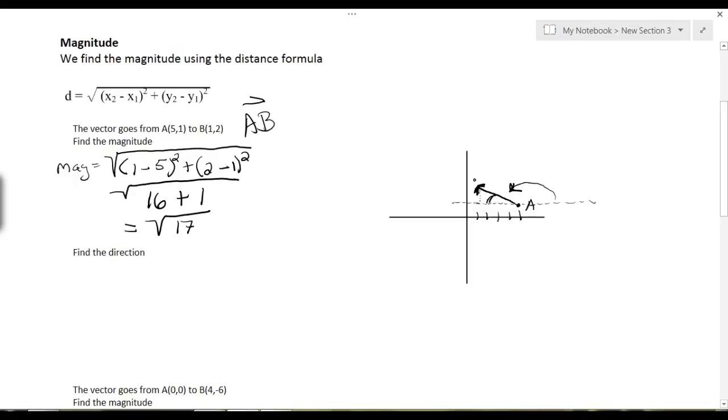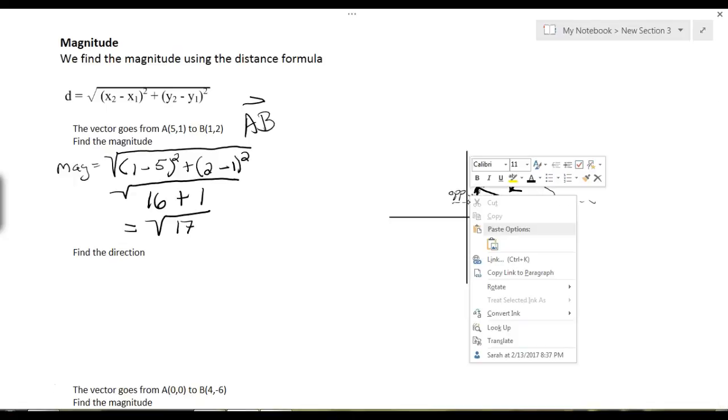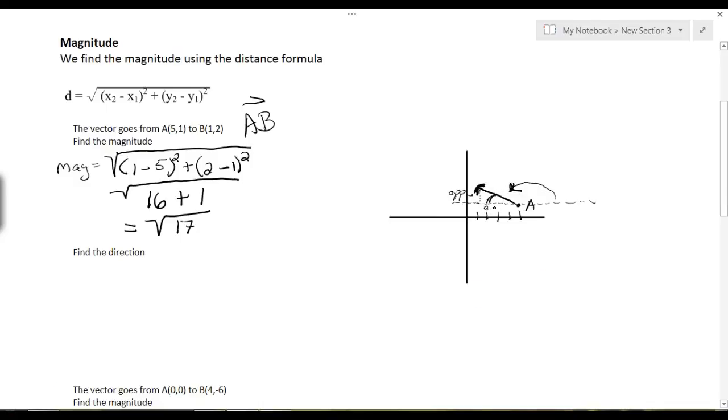If I look at this little angle right here and use the tangent of that angle, this right here will be my opposite, and this will be my adjacent. So this is the change in y, and this is the change in x. I'm going to call this angle theta.